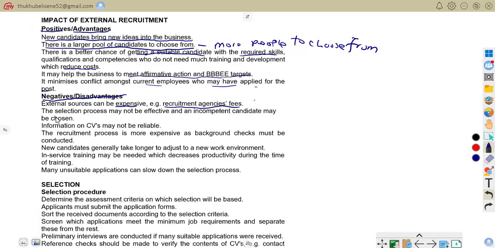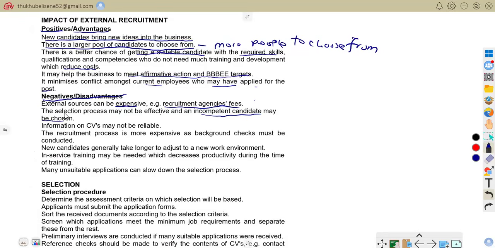Also, the selection process may not be effective and an incompetent candidate may be chosen. So that is a risk of hiring incompetent candidates. CVs and interviews may not reflect reality. Candidates can lie about qualifications.